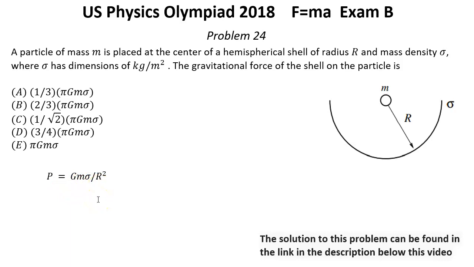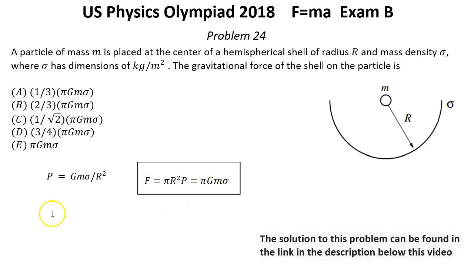Now consider a closed hemisphere filled with a gas of pressure P. Since the hemisphere cannot move on its own, the net force on the flat face is equal to the net force on the curved face, which is equal to the area of this flat face multiplied by pressure, which is pi g m sigma. And this is answer E, and this is the solution for problem number 24.